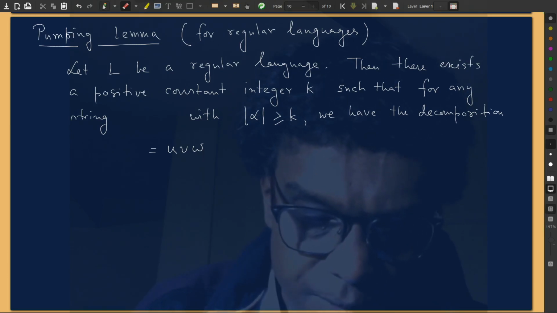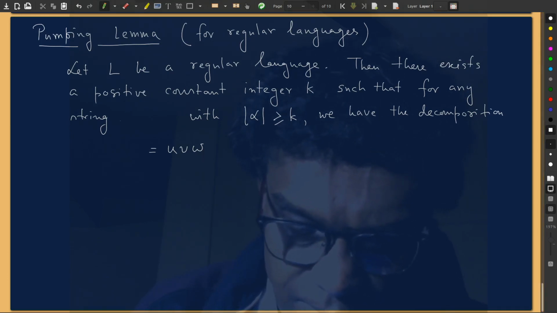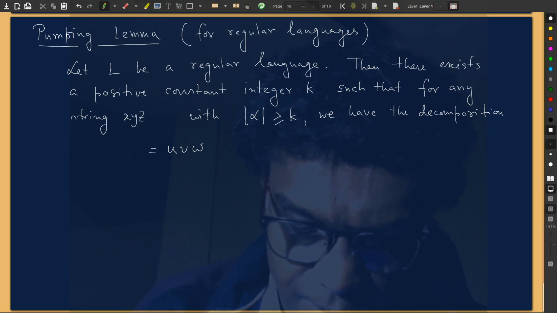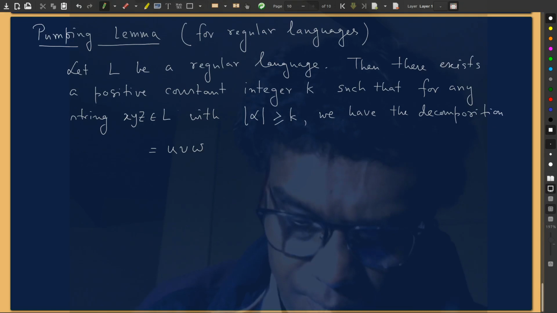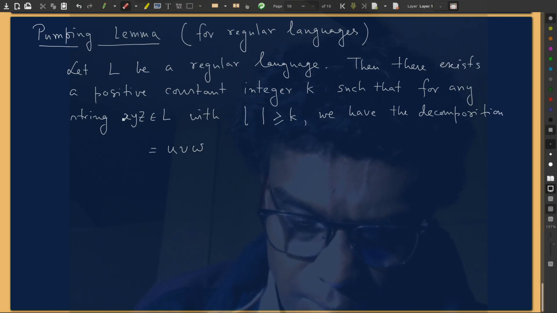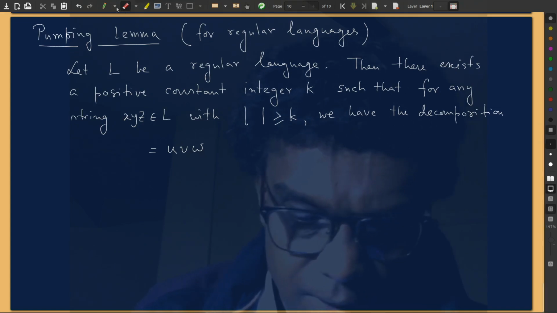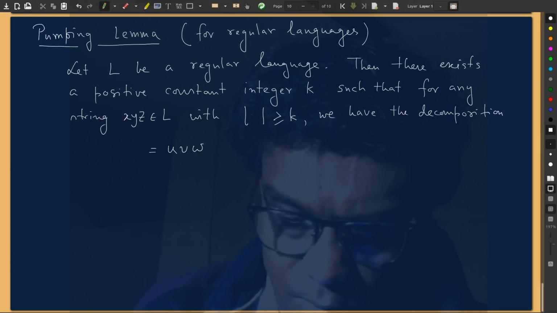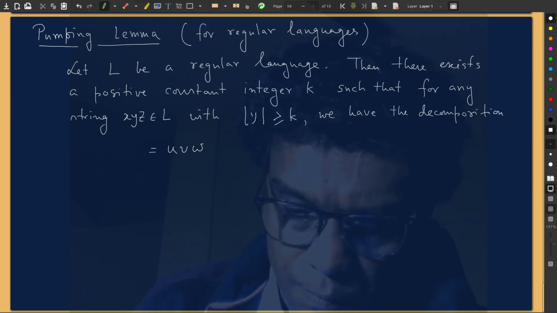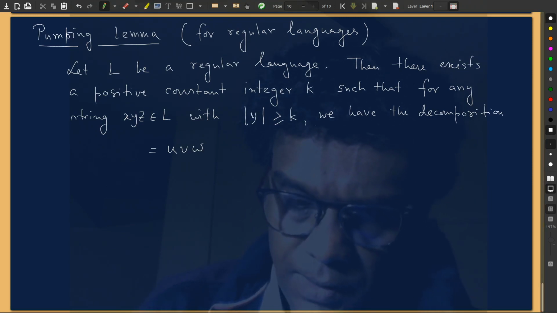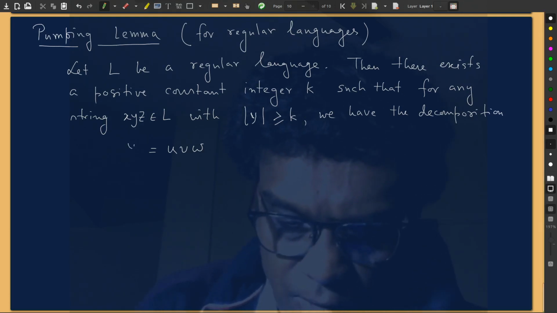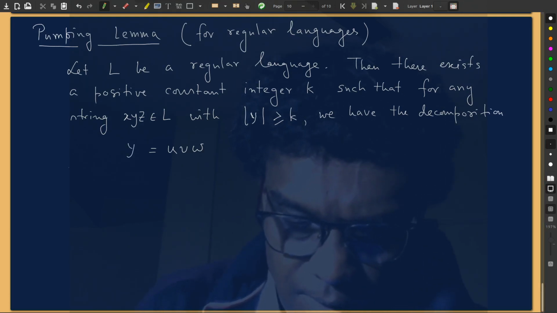I may have something like this: x, y, z in L, so this is my alpha, with the middle part y greater than or equal to k in length.